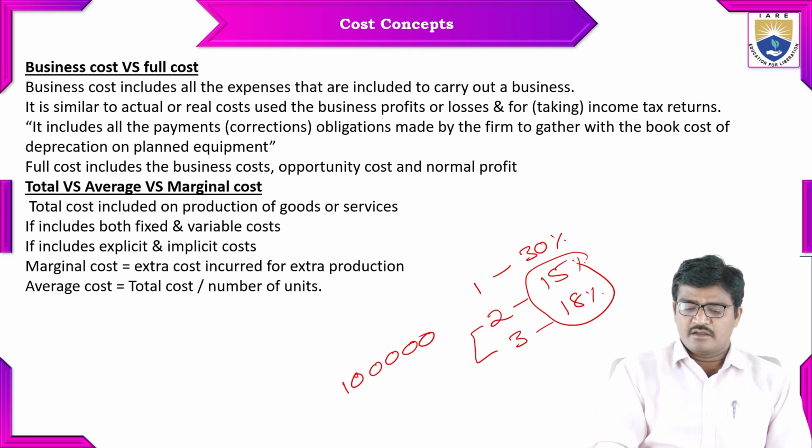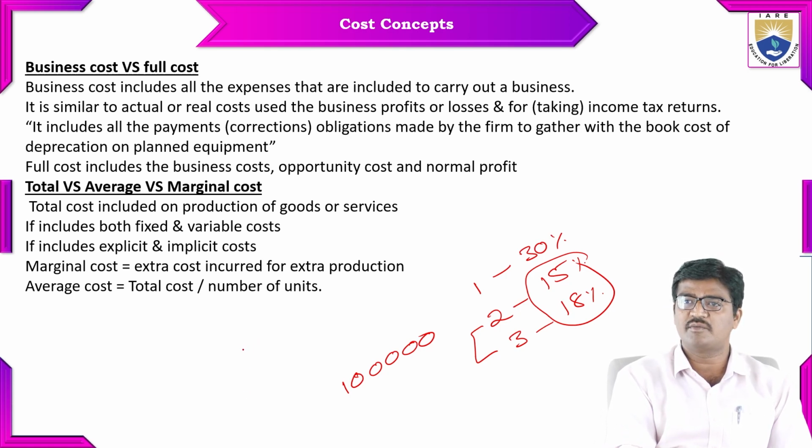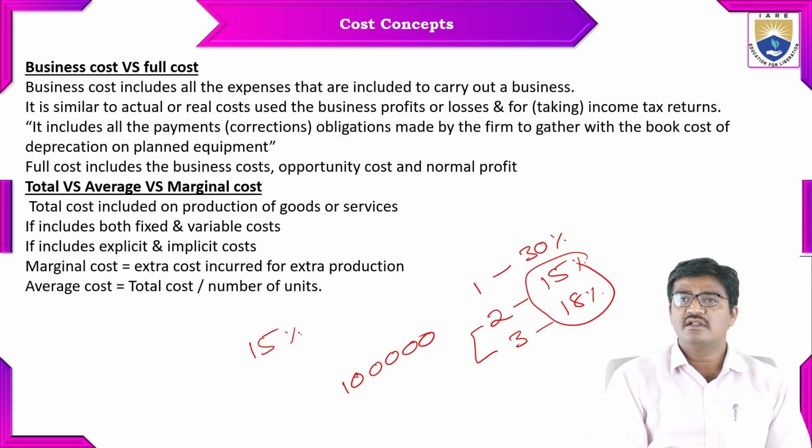And by doing business you are going to get some amount of money, that means some amount of profit. So if you are about to get only 15% of profit, then it is not considered as normal profit, it is not considered as a profit.